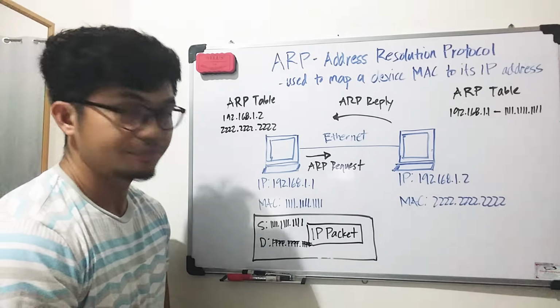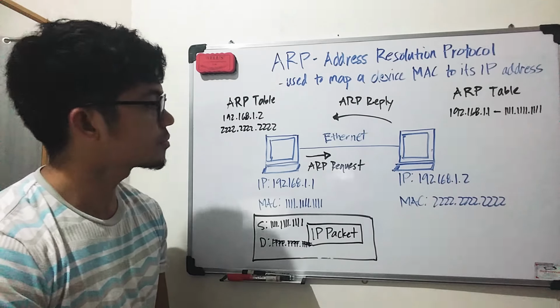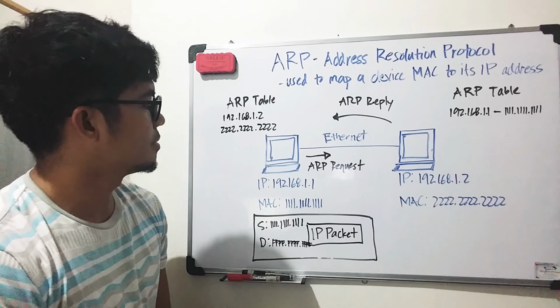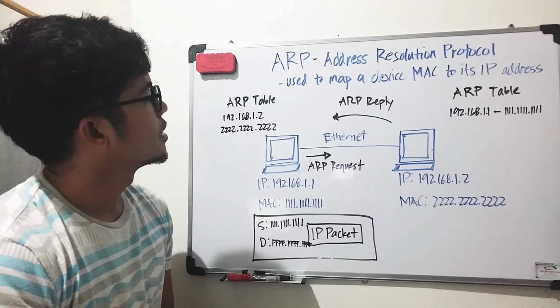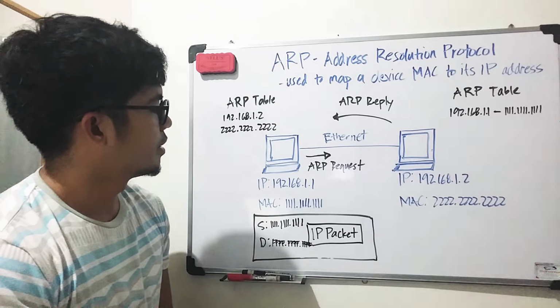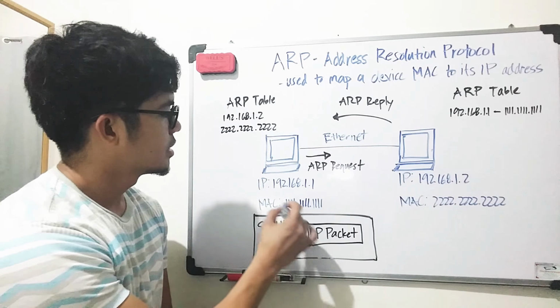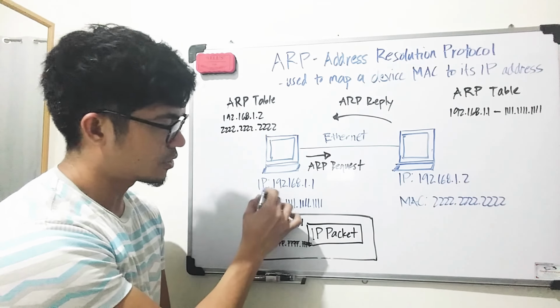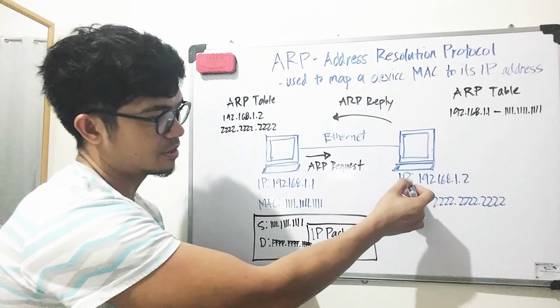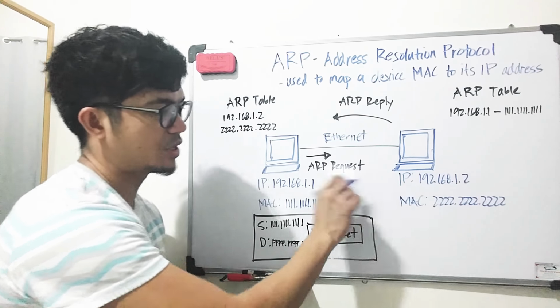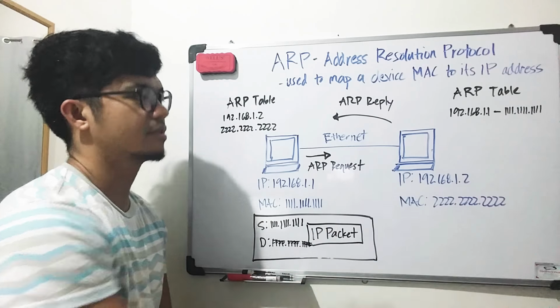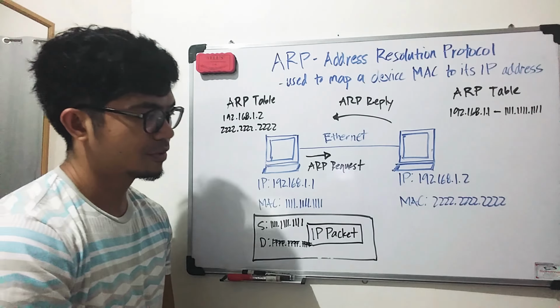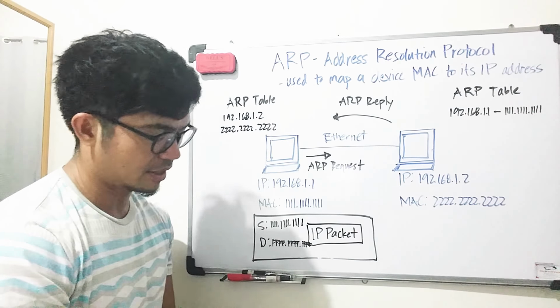In the packet there will be our source IP address of course, and the destination IP address, because we know the destination IP address, but we don't know the destination MAC address.